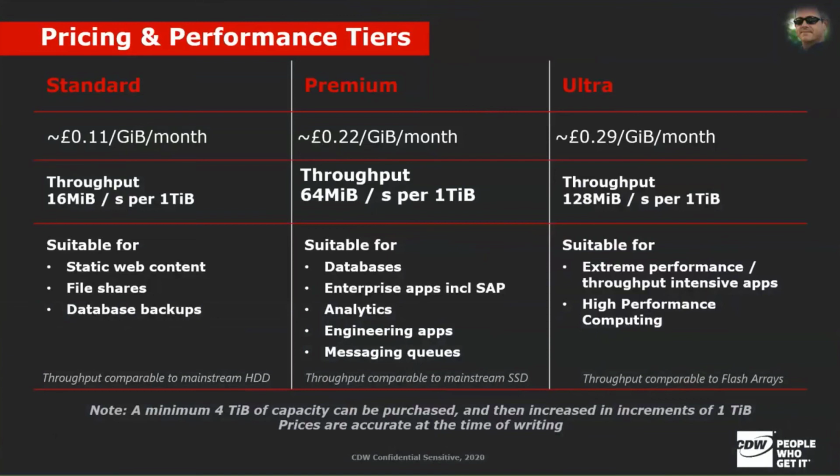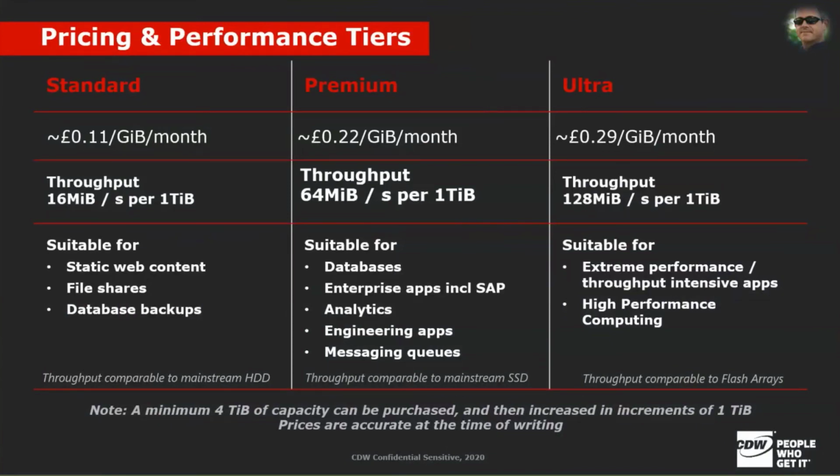Yeah, this is priced at the various tiers. Jack's put some indicative costs here. These are priced in sterling, so British pounds. You can create your NetApp account, and as soon as you create your capacity pool, that is where you're going to be billed from. As Jack has mentioned, the minimum you need to commit to initially is 4 terabytes.